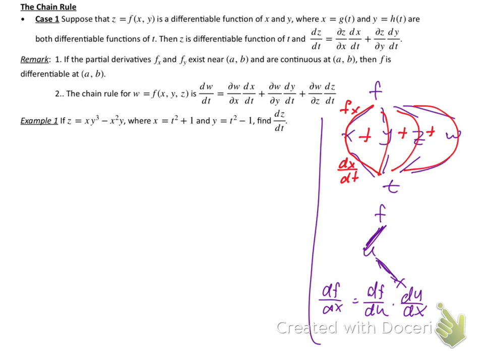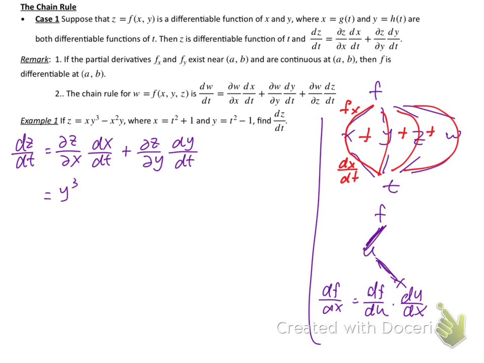I'm having z equals xy^3 minus x^2 y, where my x equals t^2 plus 1 and y equals t^2 minus 1, and I'm looking for dz/dt. The z depends on x and y, so partial z partial x, then dx/dt, plus partial z partial y, dy/dt, where my partial z partial x equals y^3 times the derivative of x, which is 1, minus y times the derivative of x^2, 2x, times dx/dt, 2t, plus the same function but differentiated with respect to y.